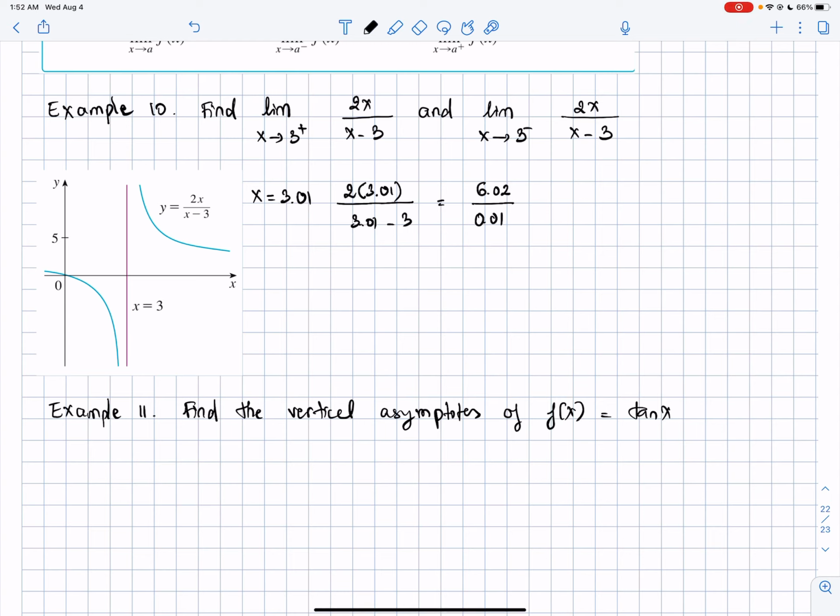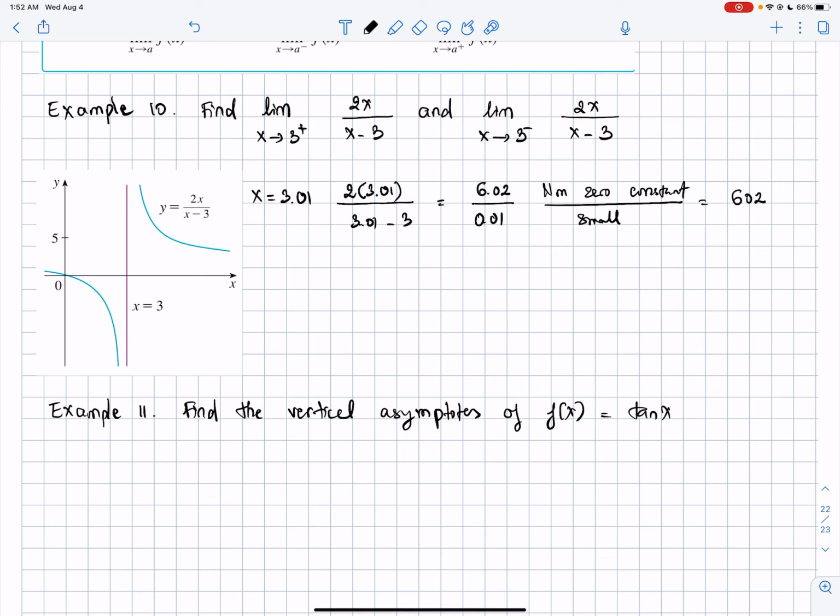Notice that 6.02 is a non-zero number, so I say it's constant. In the bottom, this is not 0, but it's almost like 0. So it's really, really small. When you use the calculator to divide, what do you get? You get a really big number, right?